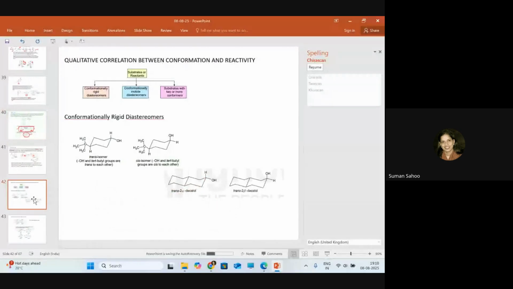So next is how we can give reactivity, how we can check the product based on the conformations.